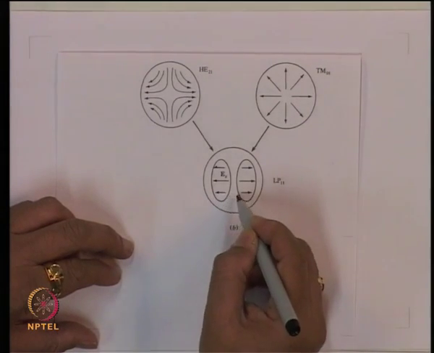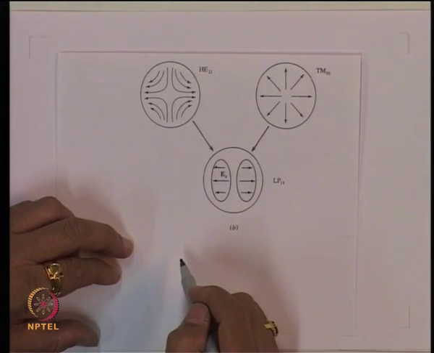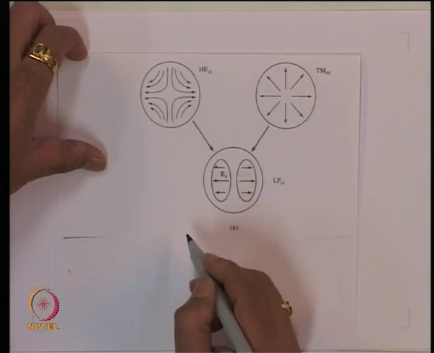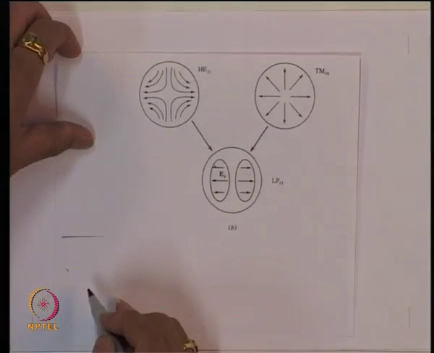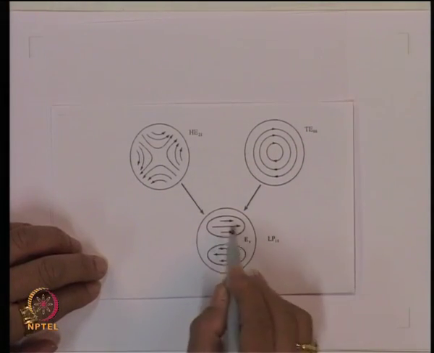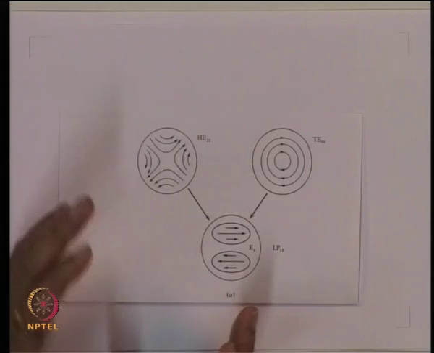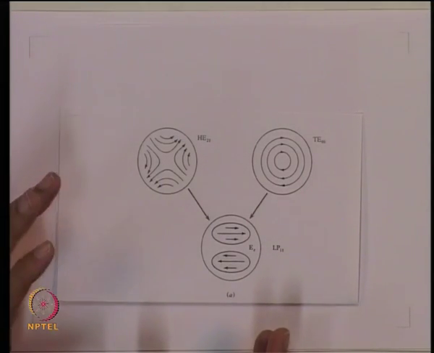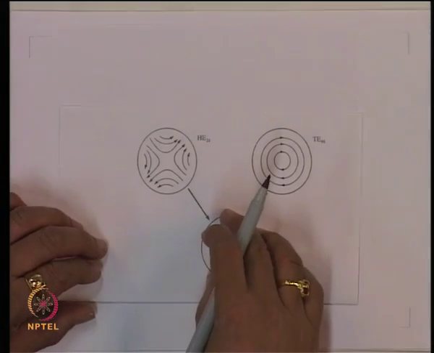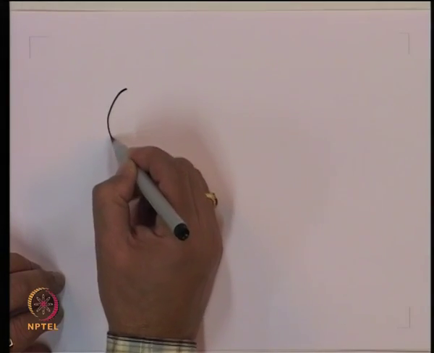So, again you see in the azimuth direction you have a one cycle variation, so it is an LP1 mode. So, for the LP11 mode, there are two possibilities. One is that I have these two intensity blobs and the electric fields are going like that, or we have the two intensity blobs and the electric fields are like that. So, there are two possibilities for the LP11 mode, or in fact there are four possibilities, because for each of these I can orient it by 90 degrees. So, I can have four possibilities for the LP11 mode.